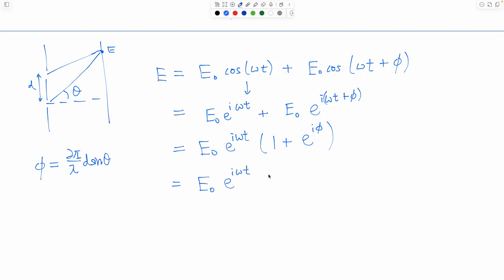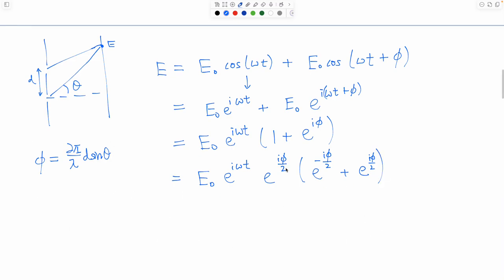So let me illustrate. If I factorize out i phi over 2, negative i phi over 2, then it looks something like this, after you factorize it out.